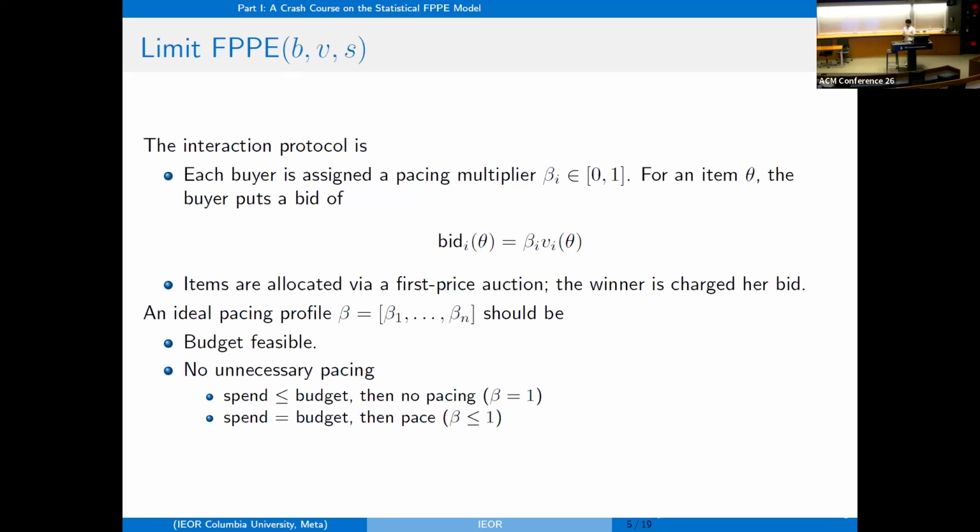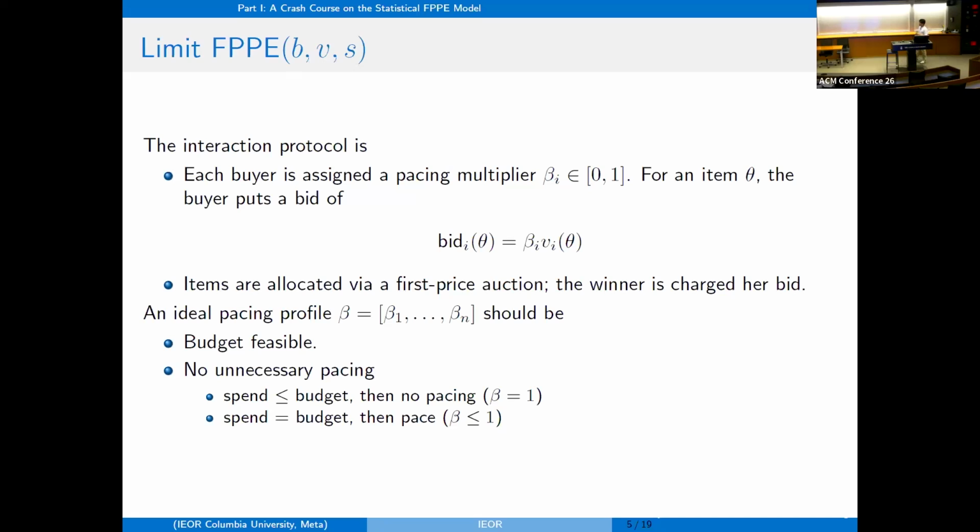In our model, the buyer will commit to that pacing multiplier, so the buyer will use the same multiplier for all items. And the items are allocated via a first price auction. The price is determined by the highest bid, and the winner will be charged their bid.